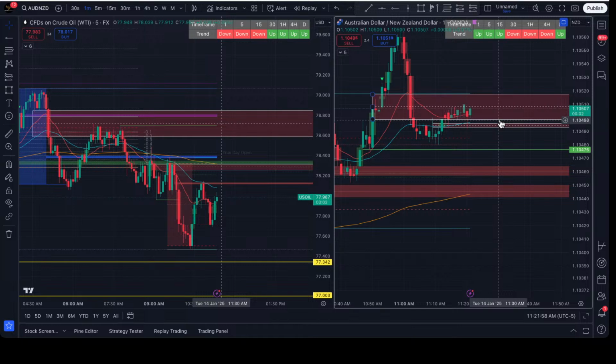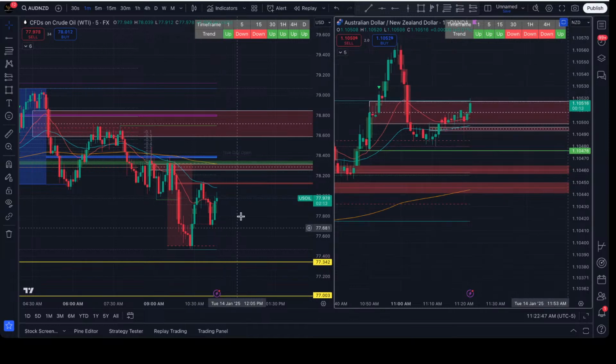Aussie New Zealand looks like it's pushing. Just not happy there though. I would have liked to see it take out these lows before pushing up. Oil looks like it's losing gas. I'd like to see it just drop from here.